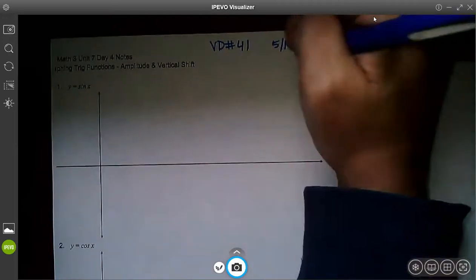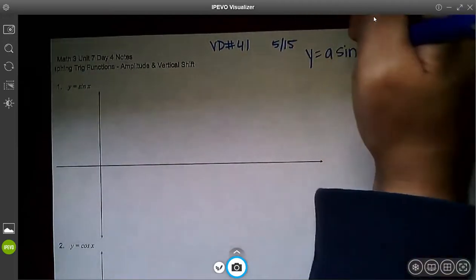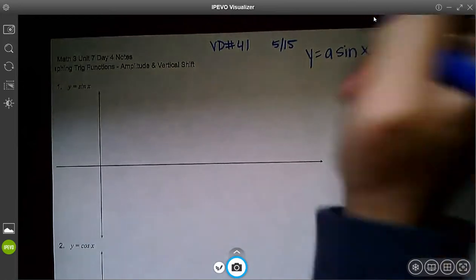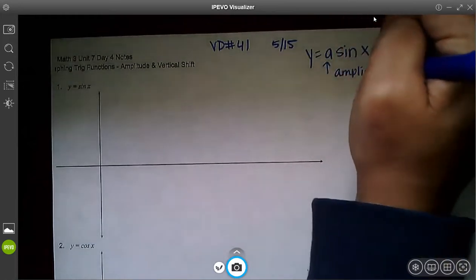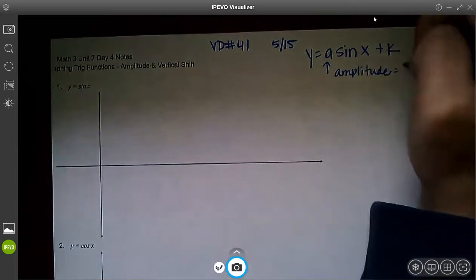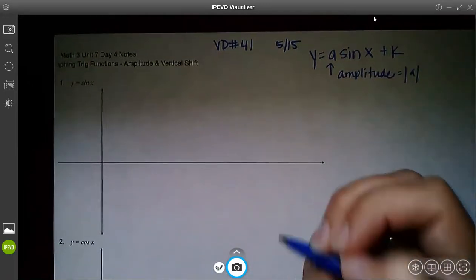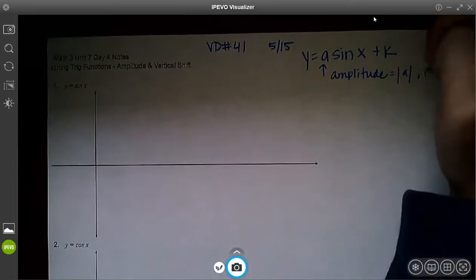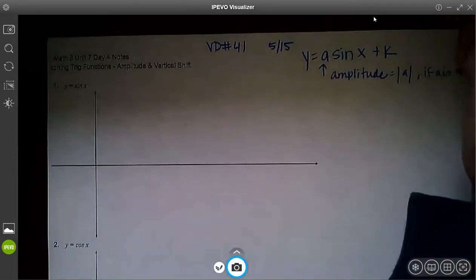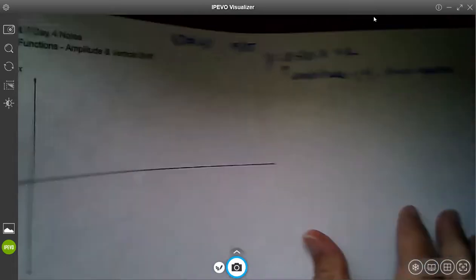Trig functions come in the format y equals a sine or cosine of x plus k. A is what's called your amplitude, and that's the absolute value of a, because amplitude is a distance. If a is negative, it reflects across the x.